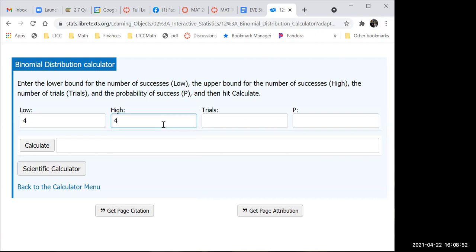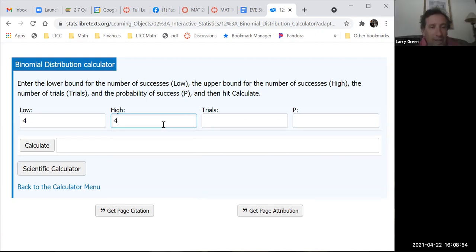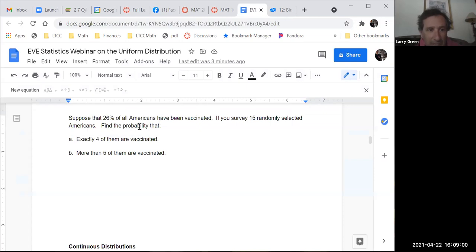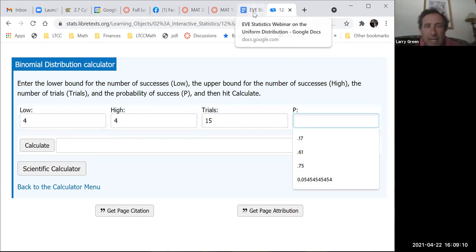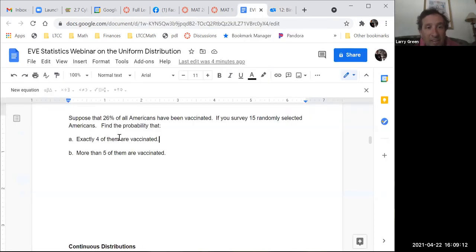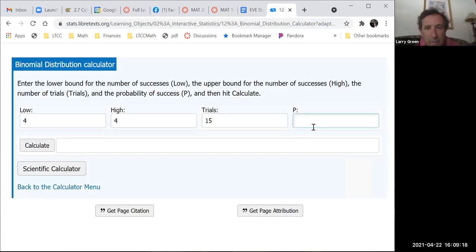Also 4 because if you're over 4, you're not exactly 4. So exactly is easy. It's just the same number twice. Okay, the number of trials, let's read it, is you survey 15 randomly selected Americans. So the number of trials is 15. And P is the probability that they're going to say yes. The question is, are you vaccinated? And 26% are vaccinated. So the probability is 0.26.